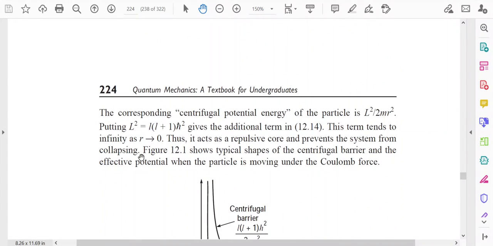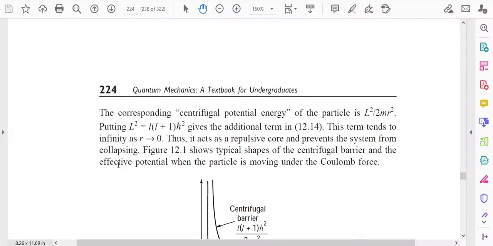Now this term tends to infinity as r tends to 0. From the expression we can tell, because r is in the denominator, so as r tends to 0, this term will become infinite. Thus it acts as a repulsive core and prevents the system from collapsing.